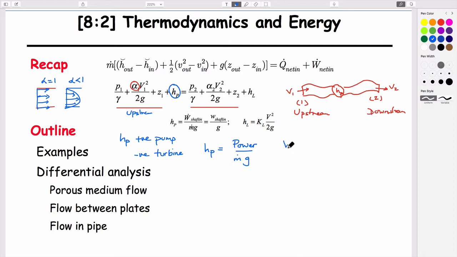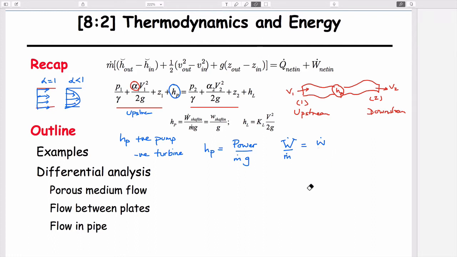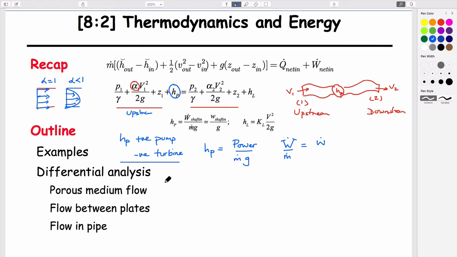So power, which we've called large W, is equal to power per unit mass rate divided by mass rate, right? No, it's the other way around, isn't it? Forget what I'm doing here. By definition, this is power per mass flow rate, and so we can define that. Just by definition. And it always conforms to this sign convention. Likewise, the head loss is always positive.